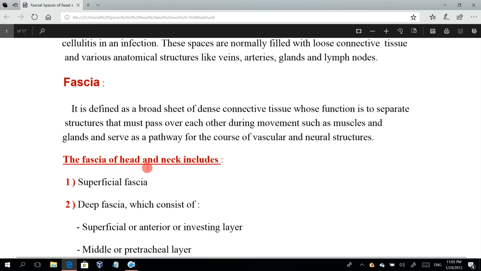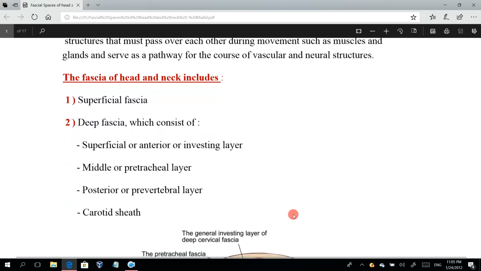So the fascia of the head and neck includes two main parts: the superficial fascia or superficial cervical fascia, and the deep fascia. The superficial fascia is a single layer, but the deep fascia consists of four parts. The first part is called the superficial or anterior or investing layer.